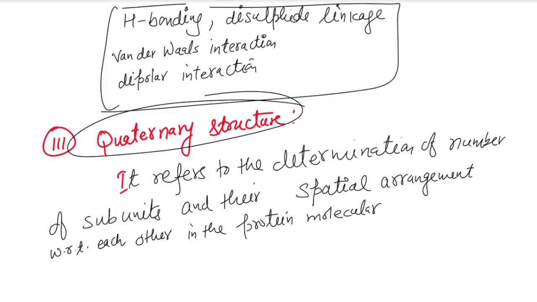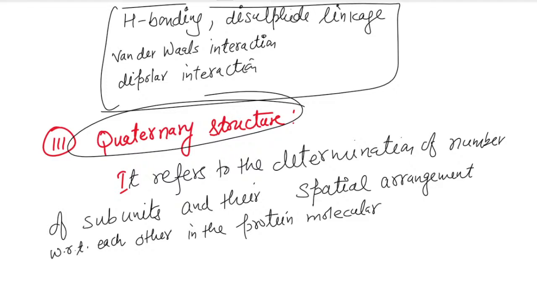So, first one, primary structure tells us about the sequence of alpha amino acids. Secondary structure, the conformation of each polypeptide chain, alpha helix and beta pleated. Tertiary structure tells us about overall folding of the polypeptide chains in 3D. They are of two types, globular and fibrous, and they are stabilized by hydrogen bonding, van der Waals attraction, electrostatic attraction, dipolar interaction, and disulfide linkage.